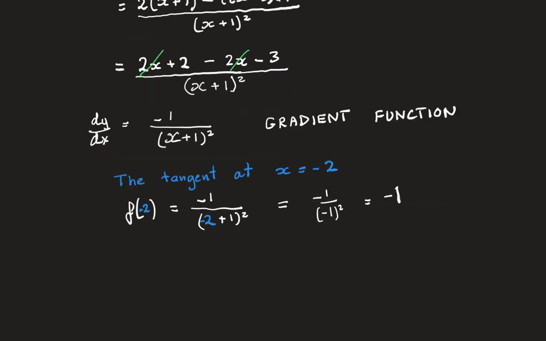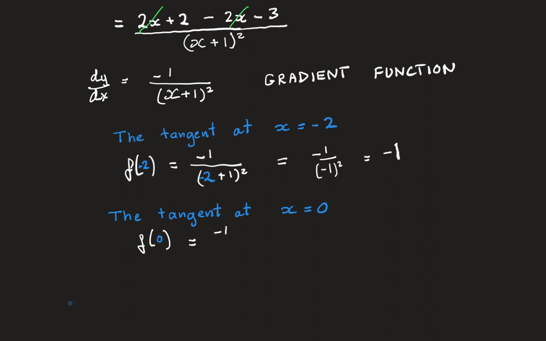And so the tangent at -2 is -1 over (-2 + 1) all squared. Then -2 plus 1 is -1. And when we square -1, we'll get just 1, and the tangent, therefore, is -1. Okay, let's do the same thing for the tangent at 0.